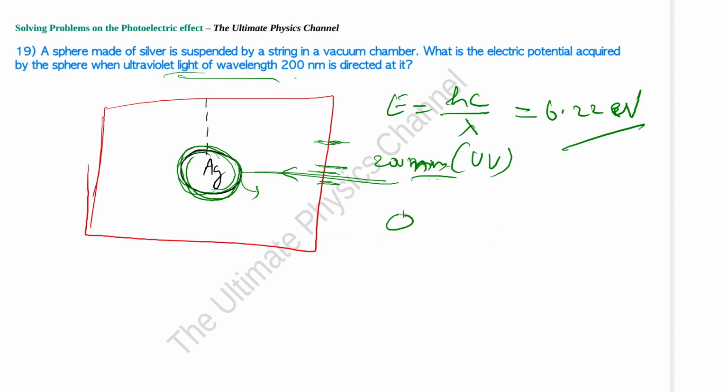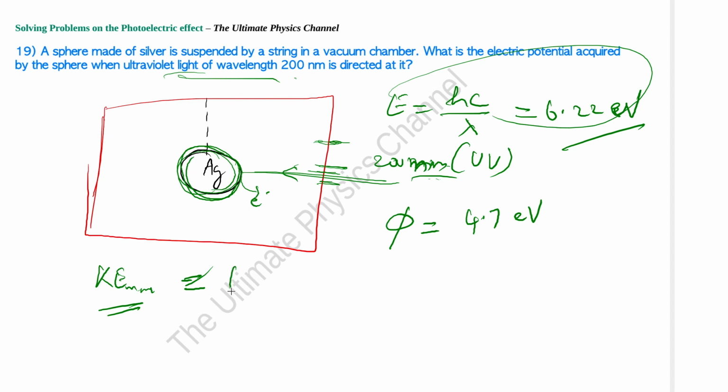Now for silver, phi is about 4.7 eV. I'll look up the tables for this. And therefore the maximum kinetic energy of the electrons that are ejected in this process would be the energy of the incident photon, that is 6.22 eV, minus the work function.